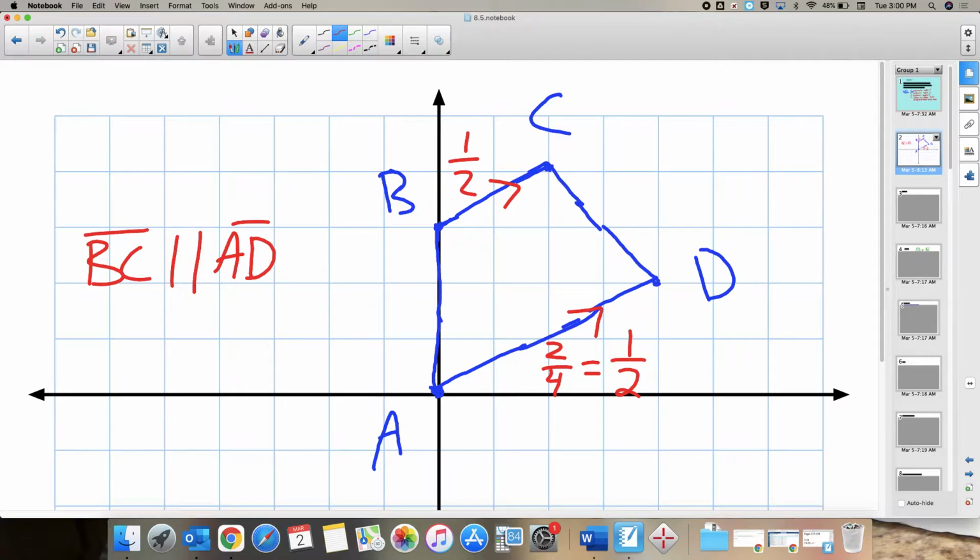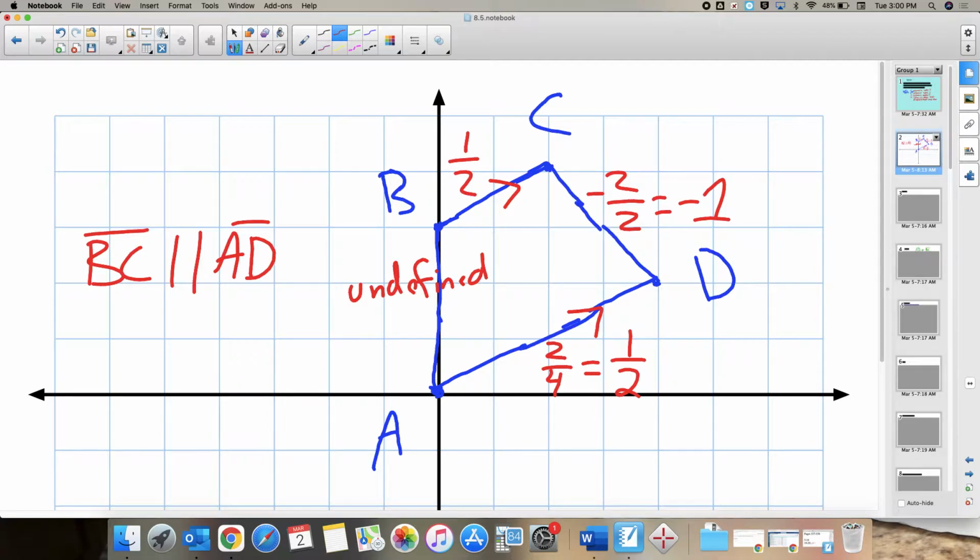When you look at your other pair of opposite sides, my slope of AB is undefined. It's a vertical line. The slope of CD is a negative 2 over 2, so I have a slope of negative 1. These sides are not parallel. Right?